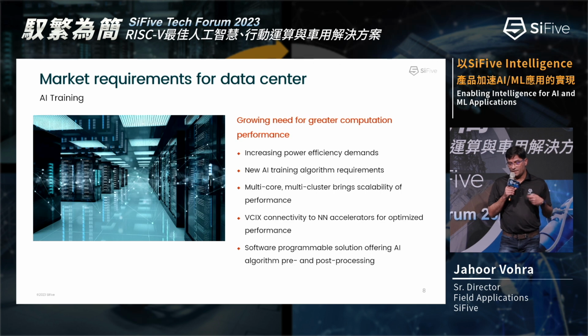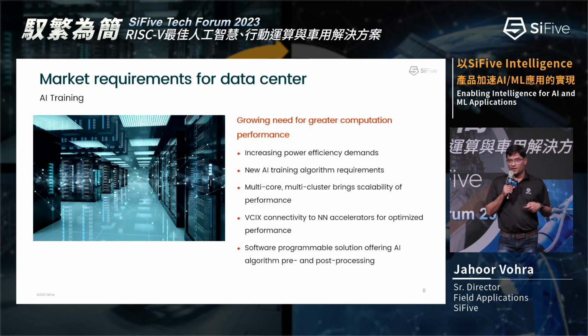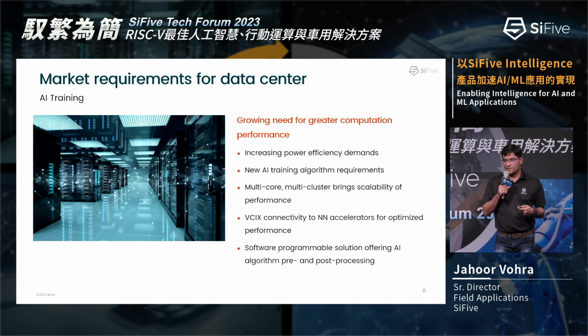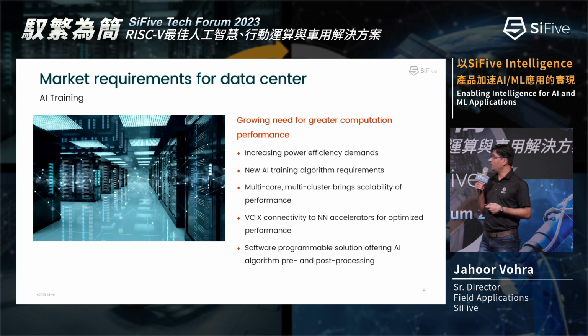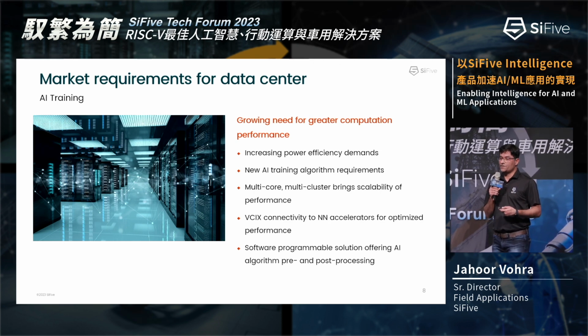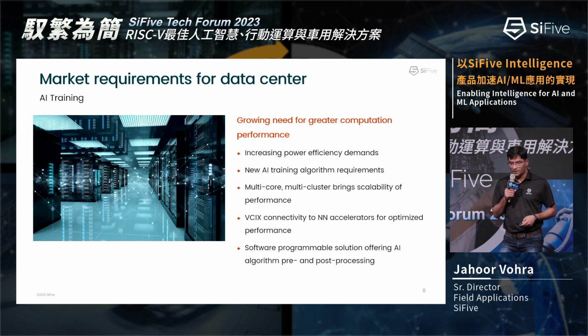So the V6 interface essentially allows you to attach a custom accelerator to the core in a very low latency manner. Typically, customers have done this through memory mapped accelerators, which are hundreds of cycles in terms of latency. With V6, typically the latencies were reduced to tens of cycles from being hundreds of cycles.